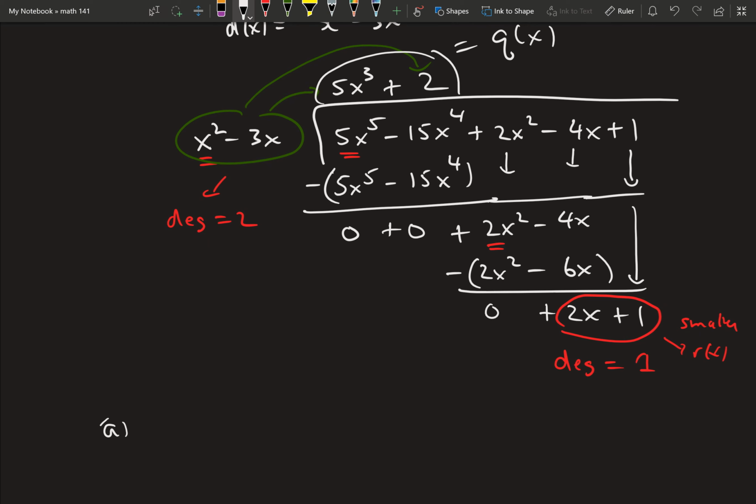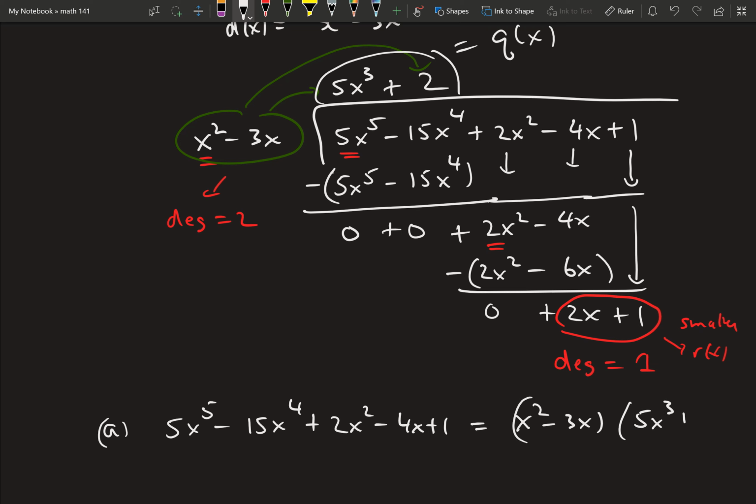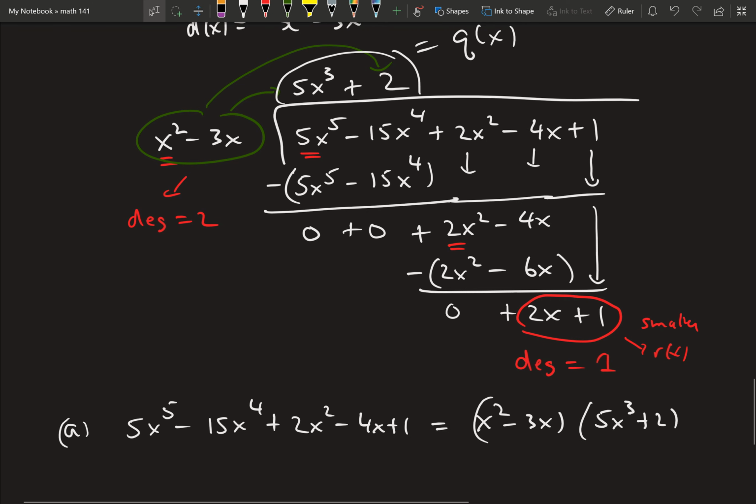Well, in version A, it's p of x, 5x to the fifth minus 15x to the fourth plus 2x squared minus 4x plus 1. That's equal to d of x, which is x squared minus 3x, times q of x, which is our quotient, 5x cubed plus 2, plus the remainder, 2x plus 1.